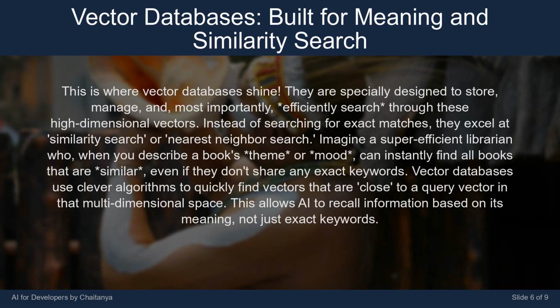Imagine a super efficient librarian who, when you describe a book's theme or mood, can instantly find all books that are similar, even if they don't share any exact keywords. Vector databases use clever algorithms to quickly find vectors that are close to a query vector in that multi-dimensional space. This allows AI to recall information based on its meaning, not just exact keywords.